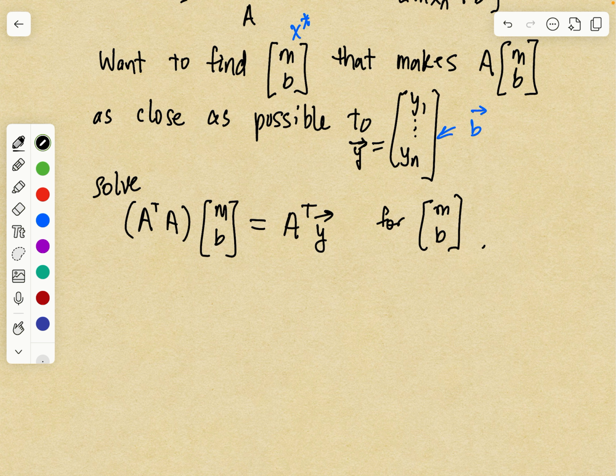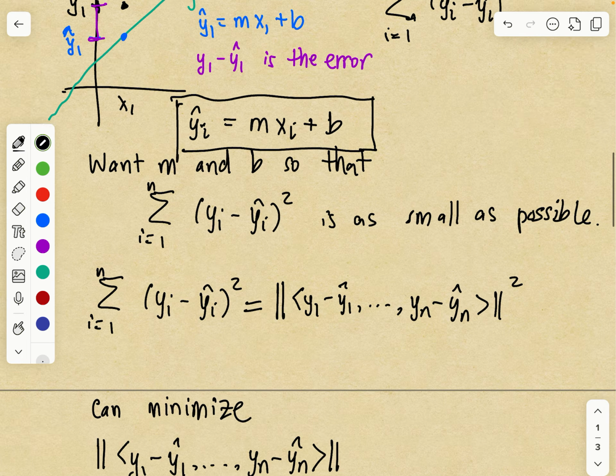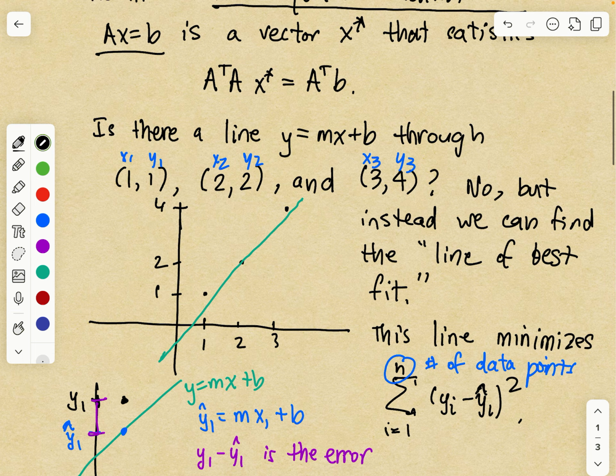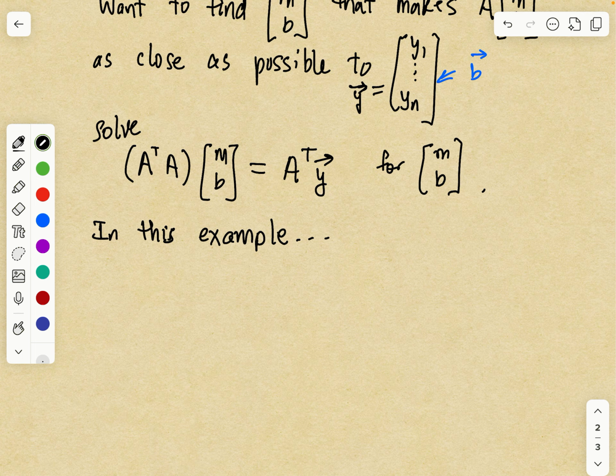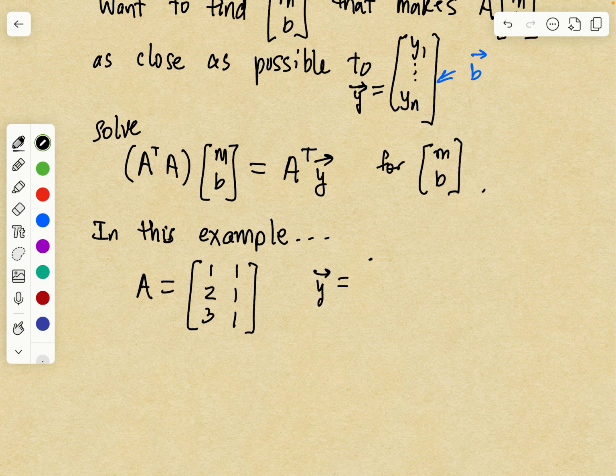So in this example, we had x1 is 1, x2 is 2, and x3 is 3. So our matrix A is 1, 2, 3, and then the second column is 1, 1, 1. And our vector y consists of y1, y2, and y3.